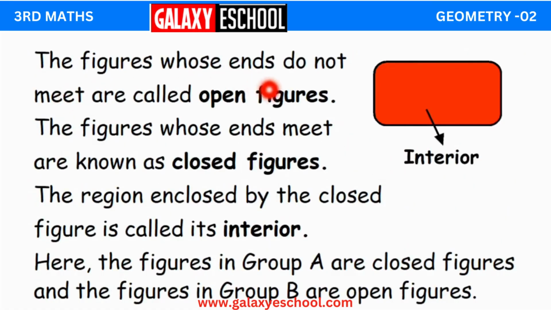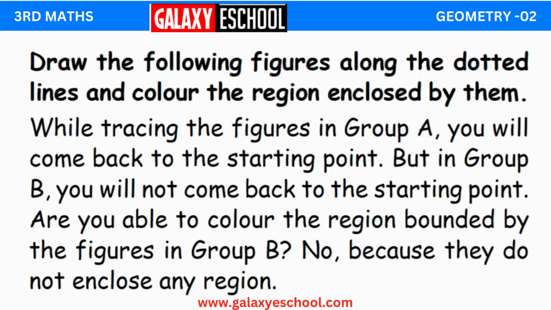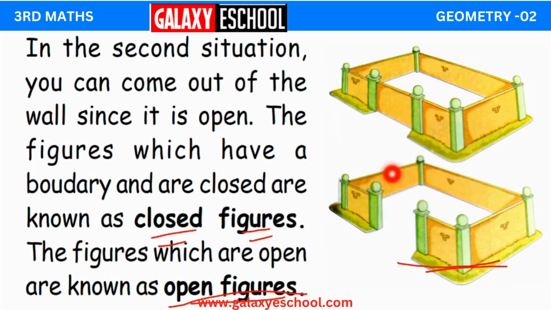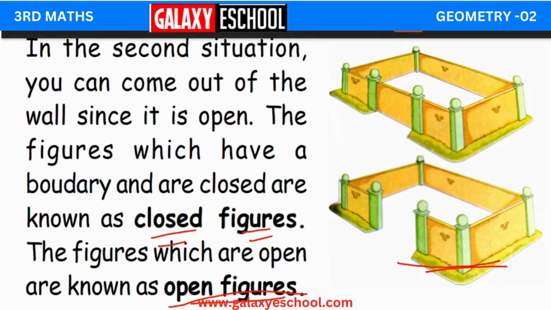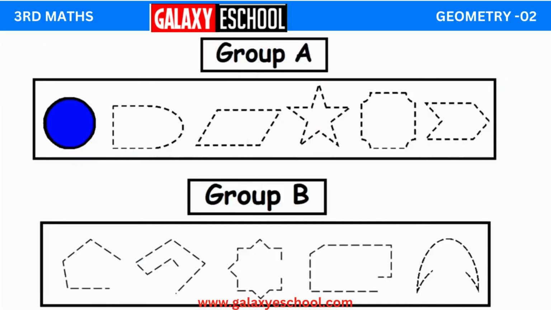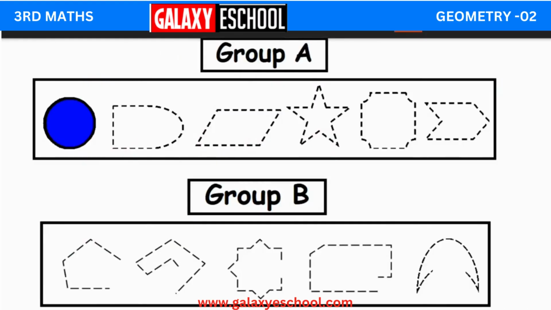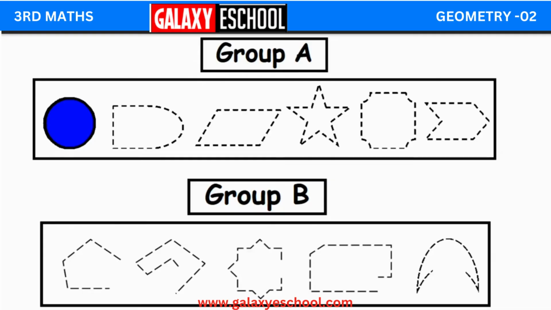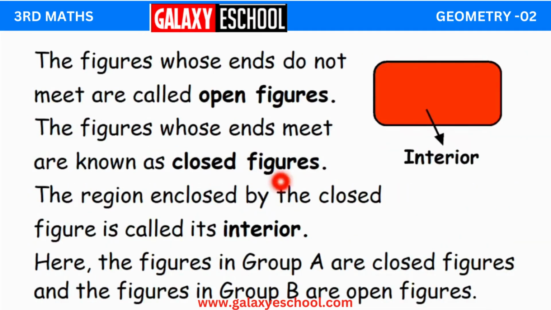The figures whose ends do not meet are called open figures. The figures whose ends meet are known as closed figures. Just now we have learnt about closed and open figures. What did we learn? The figures that have a boundary and are closed are known as closed figures. For example, these. Yes or no? So another way of understanding a closed figure is, what is it?